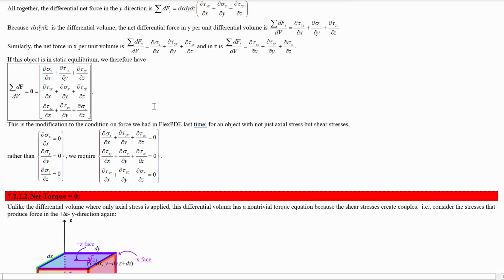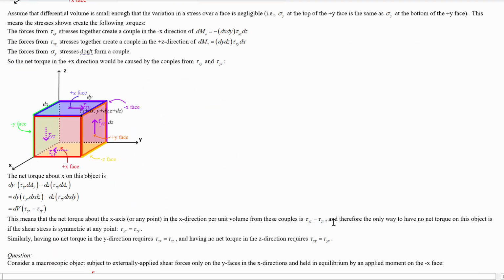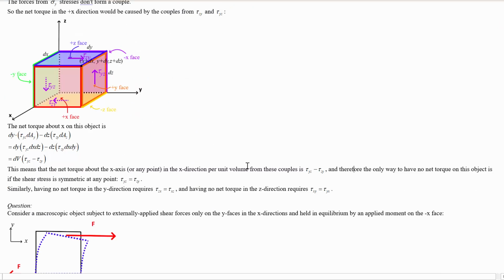Unlike what we had above, where we said the net force in the x direction is this differential equation on those things, and we had some kind of flexibility there. Now we only have one option. The only way to get the net torque about the x-axis to be 0 is to have that the yz shear stress on this infinitesimal volume is equal to the zy shear stress.